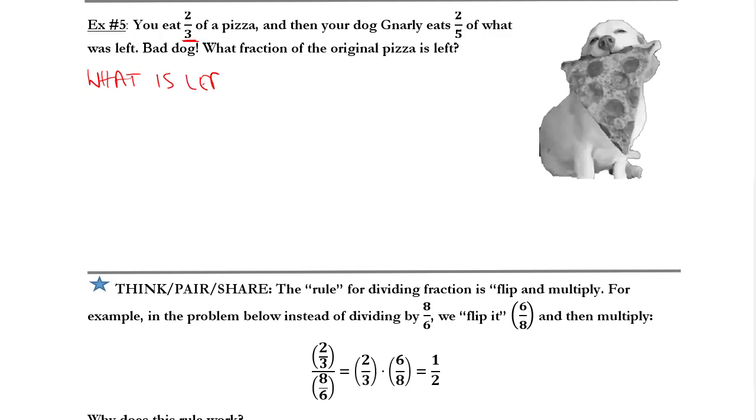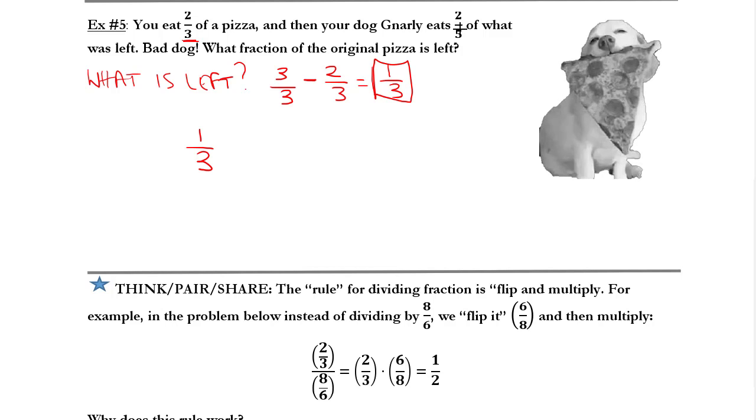Well, if you start with one pizza and you eat 2/3, what's left? Well, 1/3 of the pizza is left. We can see this more explicitly if I write 1 as 3/3. And so 3/3 minus 2/3 is just 1/3. So after you're done with the pizza, you have 1/3 left.